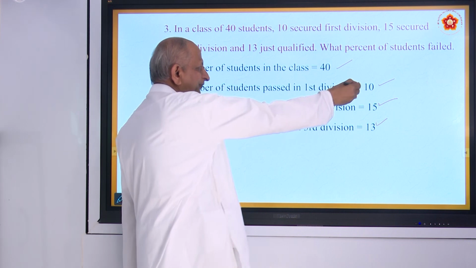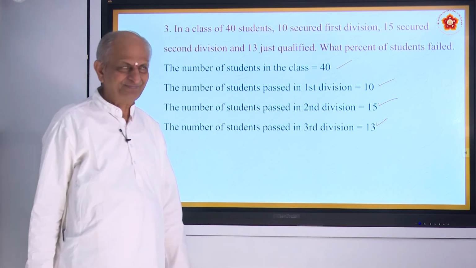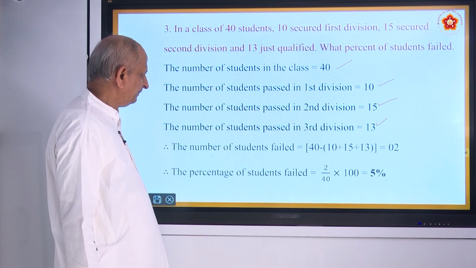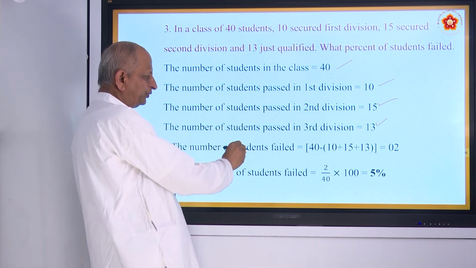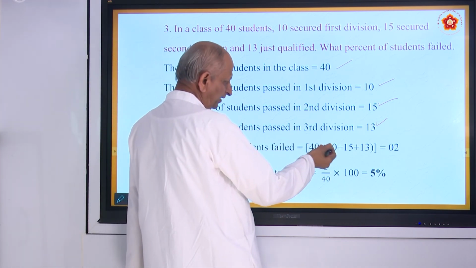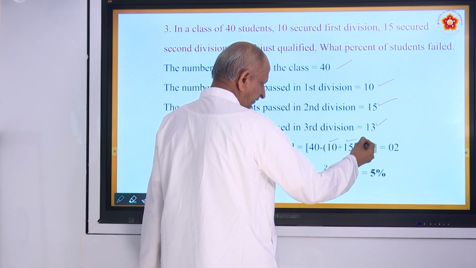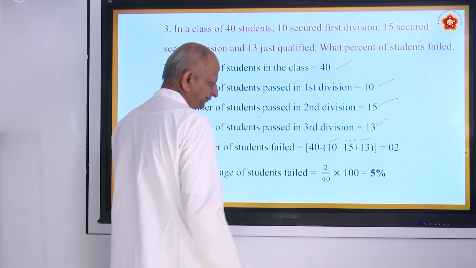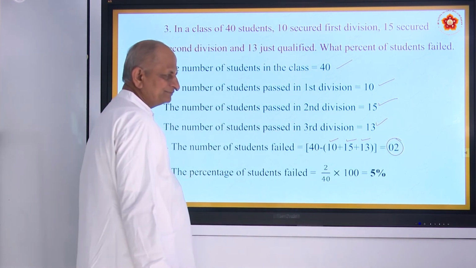So 10 plus 15 is 25, plus 13 is 38. So 40 minus 38 becomes 2. So the number of students failed is 40 minus 10 minus 15 minus 13, so totally it becomes 2. So what you guessed is correct.